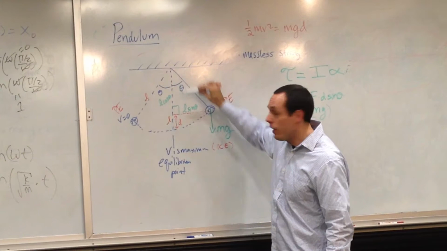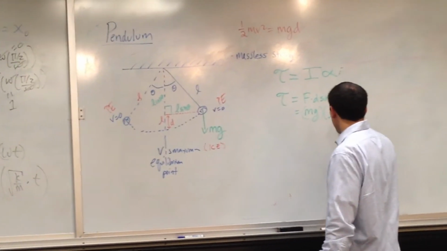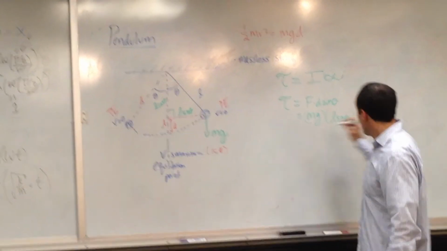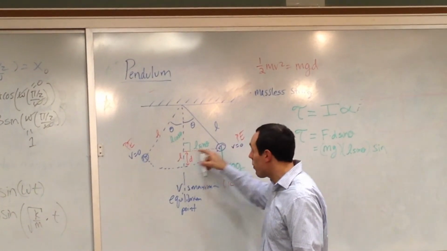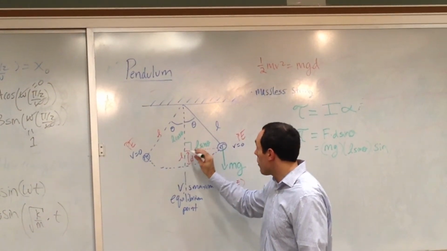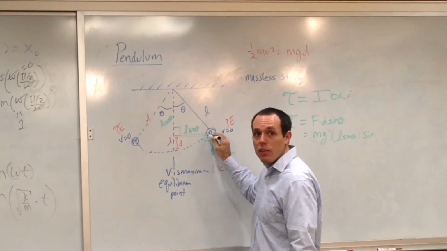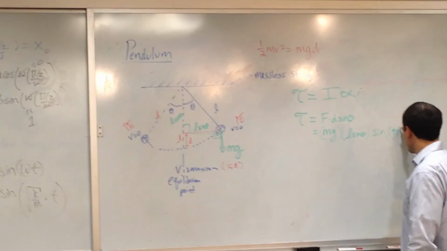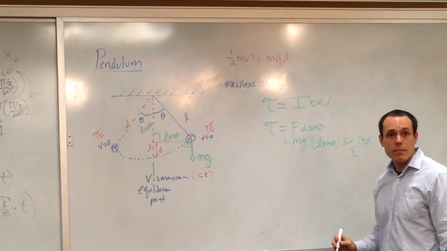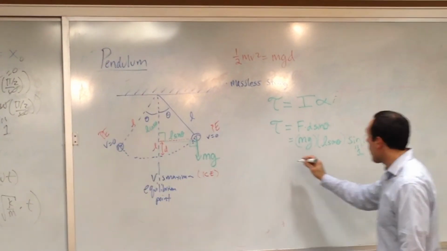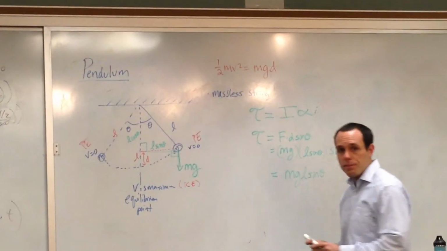This is the pivot point, so this represents the displacement, so that the displacement d is L sine theta. Multiply that by the sine of the angle between the force and the displacement. So this line here represents the displacement, this line represents the force, and thus the angle is 90 degrees. The sine of 90 degrees is 1. So this tells us that the torque is just going to be mgL sine theta.